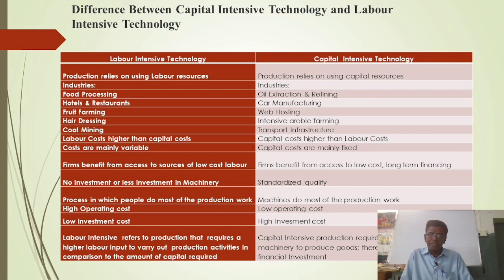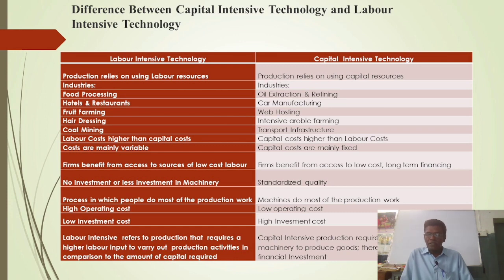Then the capital intensive technology industries: oil extraction and refining, car manufacturing, web hosting, intensive arable farming, transport infrastructure. These are all examples of capital intensive technological industries. Then the other difference is labor costs are higher than capital costs in labor intensive technology.